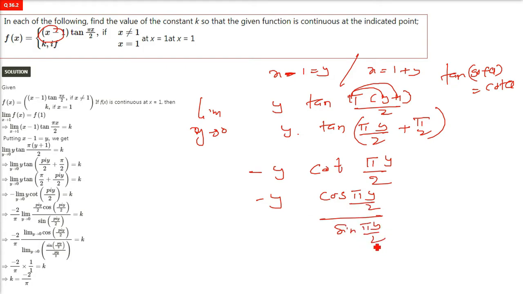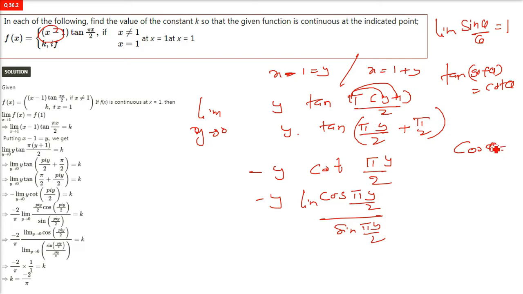Okay. Now we know that cos of pi y by 2, if you apply the limit at y equals 0, we'll get a 1. But limit sine theta by theta is 1. So cos 0 is 1. Sine of pi y by 2, we can change it to sine of pi y by 2 divided by pi y by 2.